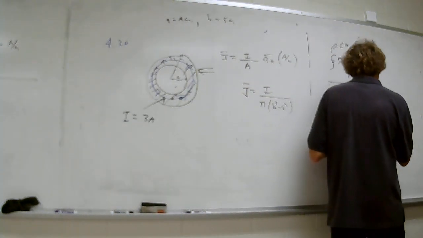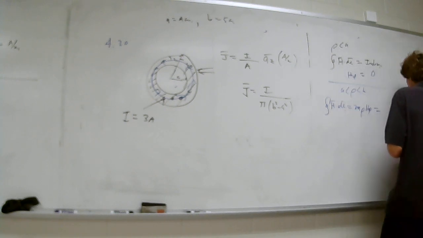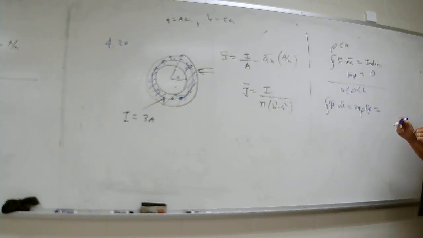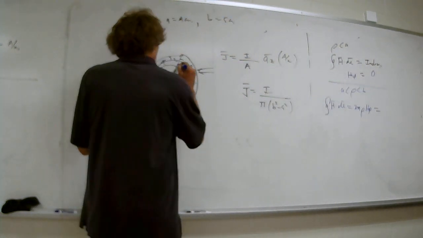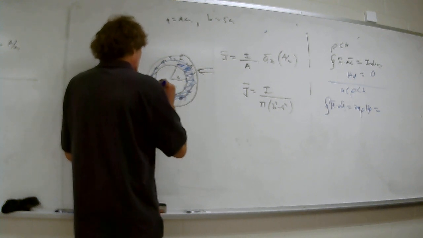What about how much current is enclosed? Well, the current density is a constant, right? So really what I need to do is figure out the area that's there.